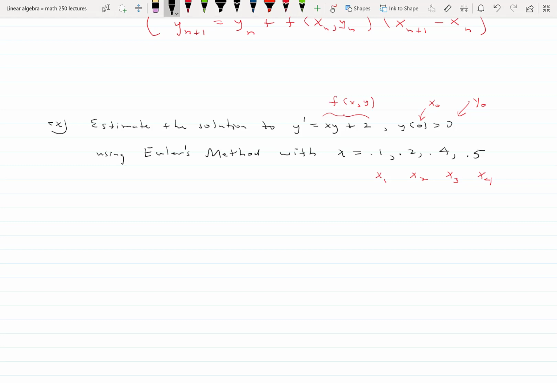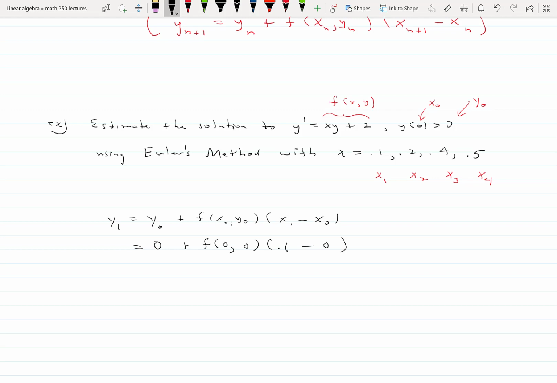Okay, so let's do it. The first thing I would like is y sub 1. y1 equals, well, what does y1 equal? It equals y naught plus f of x naught, y naught times x1 minus x naught. Well, y naught is 0, that's given. x naught is 0, y naught is 0, x1 is 0.1.